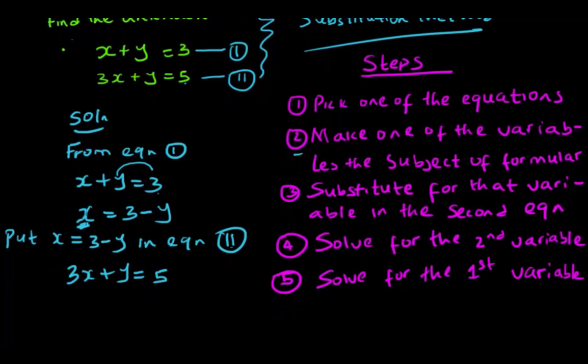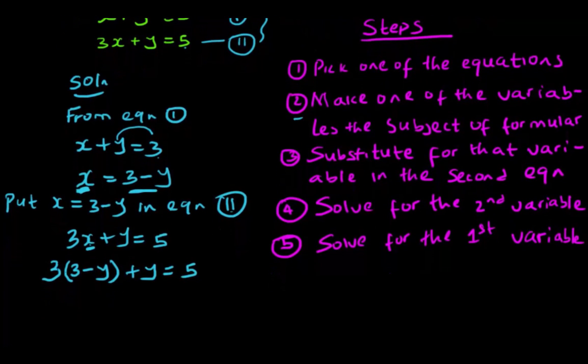To substitute for x into this equation means that anywhere you see x, you call it 3 - y. Now look carefully. So I have 3, and now I'm seeing x, so I put in brackets (3 - y). Close the bracket. Then I have + y = 5. I hope you understand that. Anywhere you see x, you call it 3 - y.